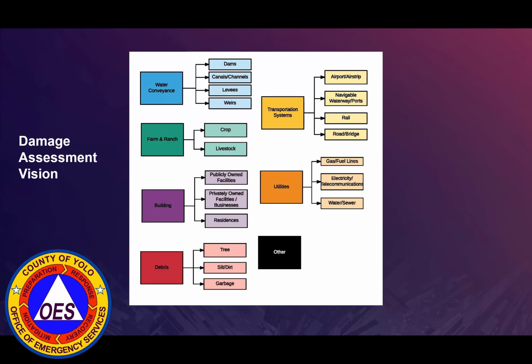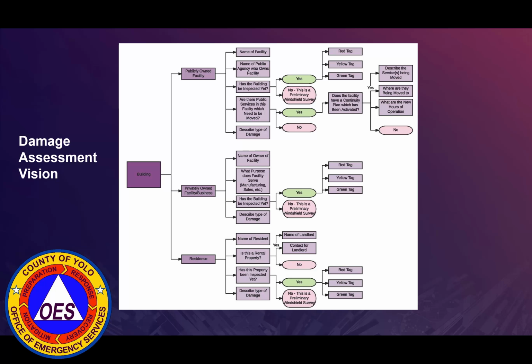And once somebody starts using a category, the logic breaks out even farther and asks them more questions, just to try to capture as much data as we could think of. Anything we might want to know in the future, anything that's a FEMA rule or a USDA rule, we tried to program into this logic.